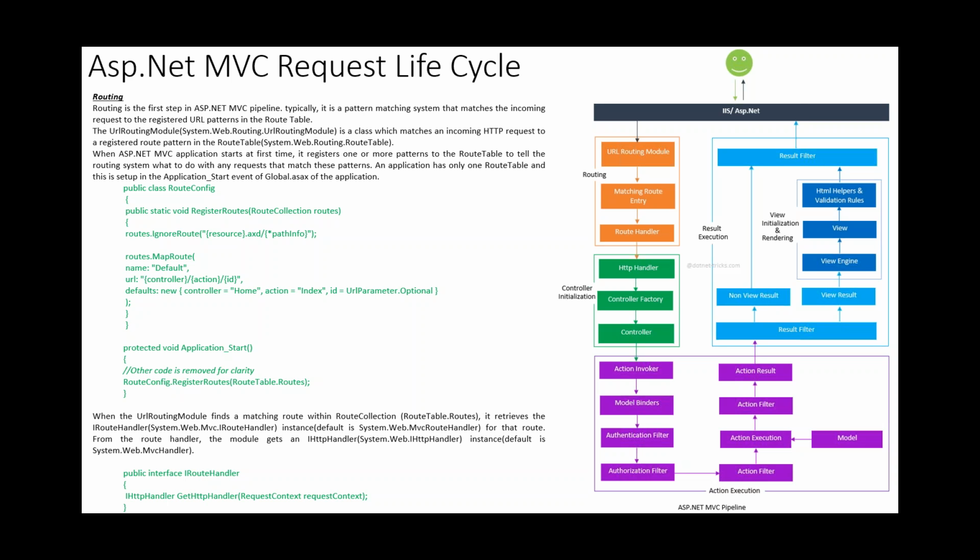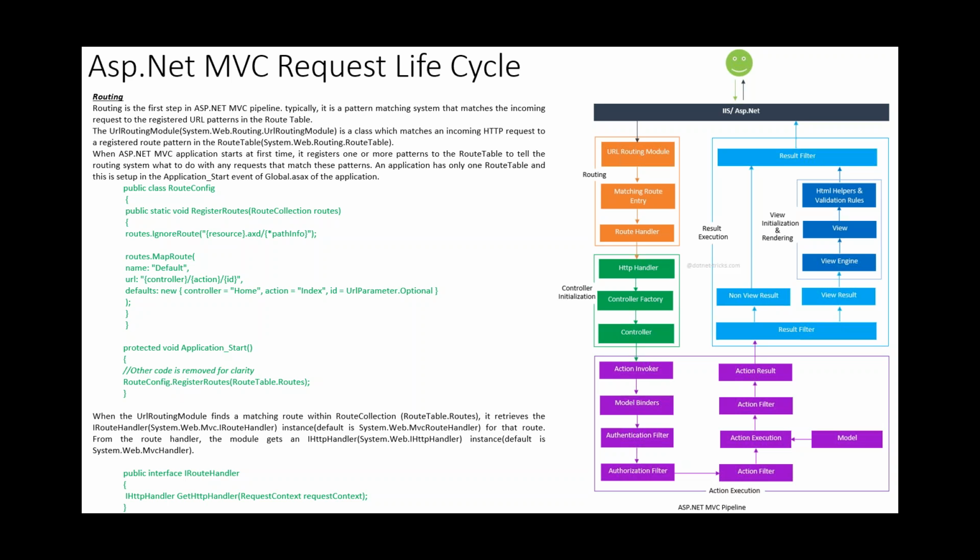Then it finds that pattern, and a route handler will come. That route handler divides your URL into controller and action, so what controller and what action the user is requesting. Then the request will be handed over to the HTTP handler.